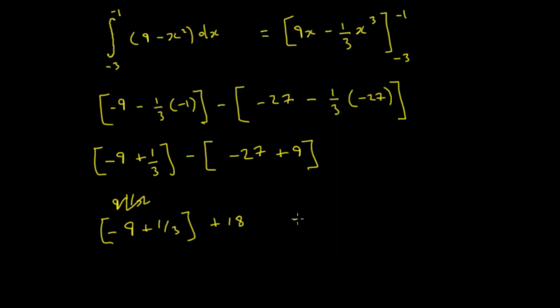So that's minus 9 plus 18, which is 9 plus 1/3, so it's 9 and 1/3. So again, just a lot of arithmetic, and the actual integration is just this one little step from this line to this line, and the rest of it is just mental arithmetic.